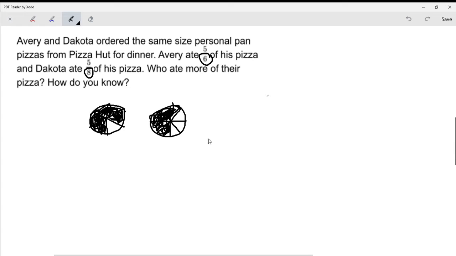Now, from this, it's pretty obvious that 5/6 is more pizza than 5/8, right?